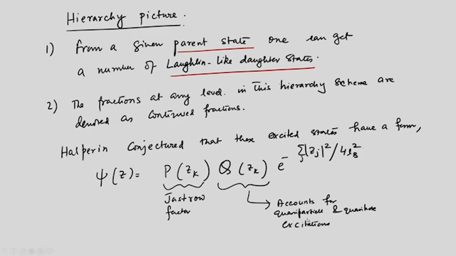And what did he propose for these Q(z_k)? He proposed a form which is again a product over j less than k, going all the way up to m, of (z_j minus z_k) to the power plus or minus 1 over m. Okay. We will not go into the details.